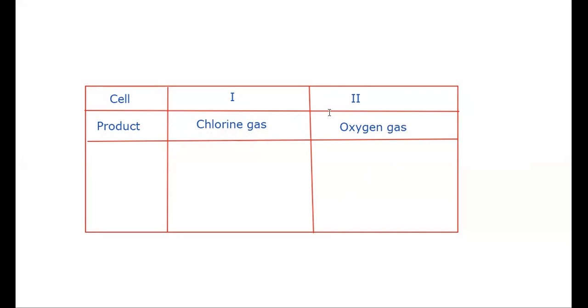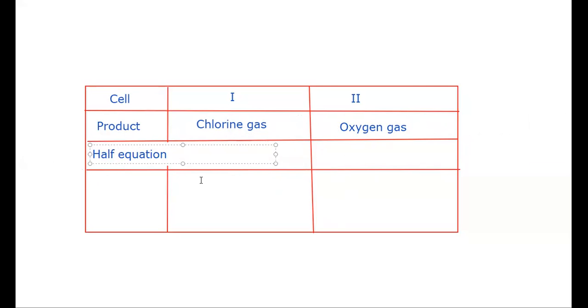Okay, now how do you get the chlorine gas and the oxygen gas? I've already mentioned many times, whenever you have a chance to write your half equation, please write. So you can put here half equation. Okay, what will be the half equation here? You can actually write it. So I'm writing for you for this part.